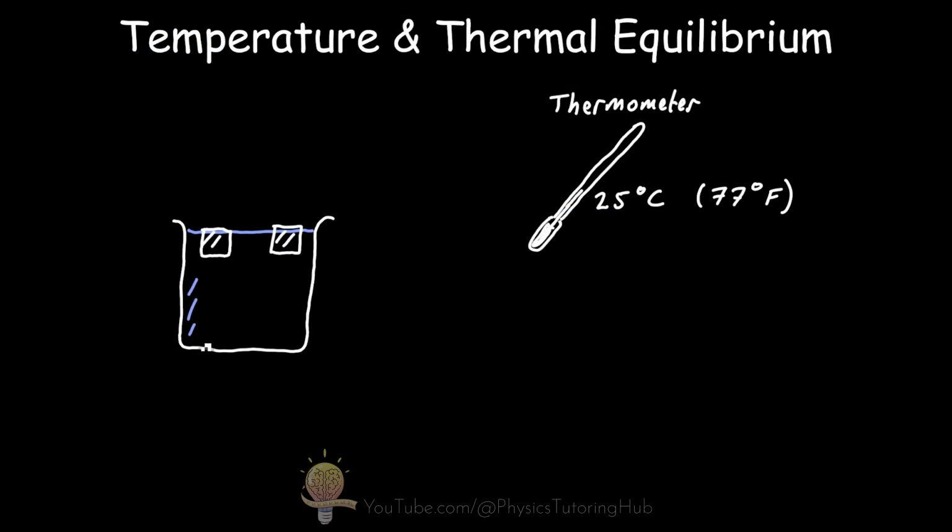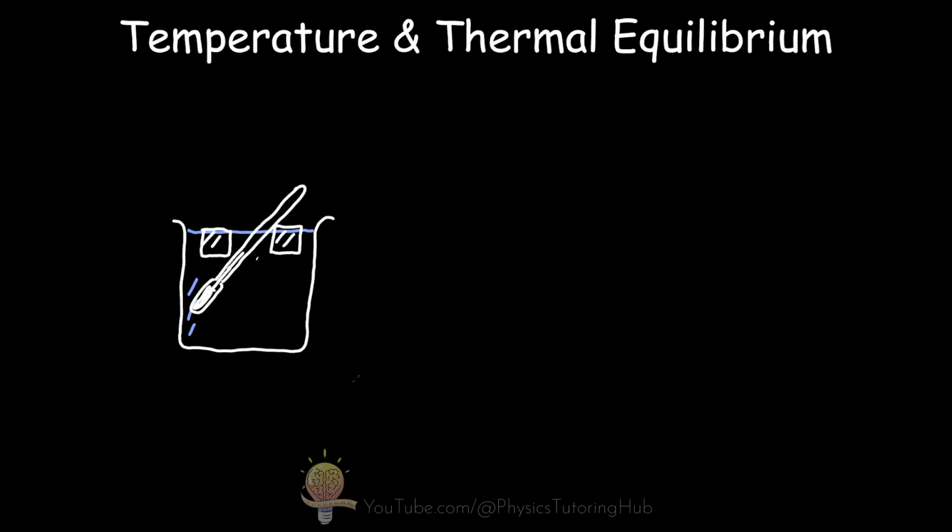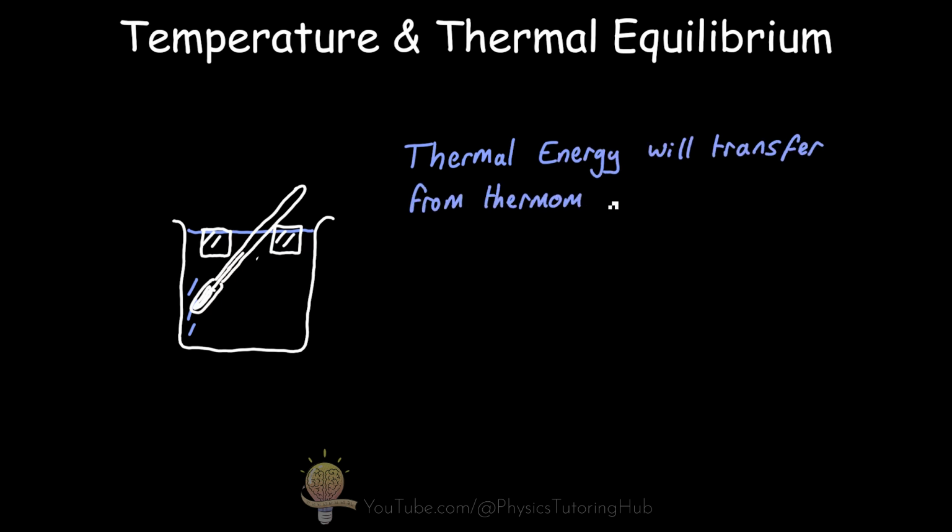Now, if we had a thermometer that's at room temperature, say at 25 degrees Celsius or 77 degrees Fahrenheit, and we plunge this into a glass of ice cold water, the thermal energy will be transferred to the glass of water from the thermometer, causing the thermometer to cool down.